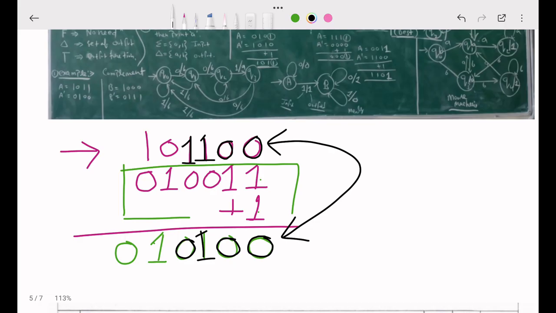What is the meaning of this? After the first 1, a 1 becomes 0, a 0 becomes 1, a 1 becomes 0. So after the first 1, everything is the complement. All the bits are the complement.